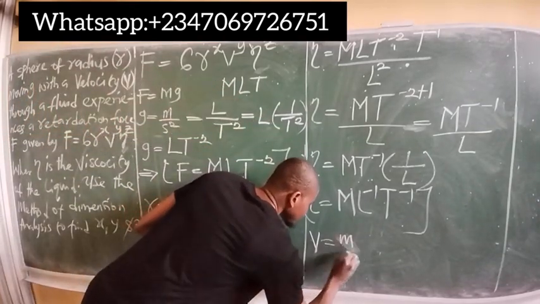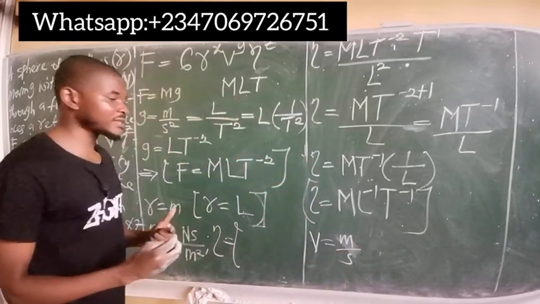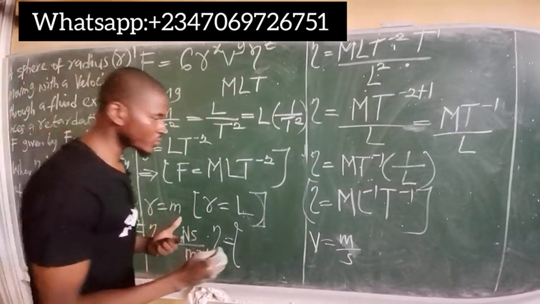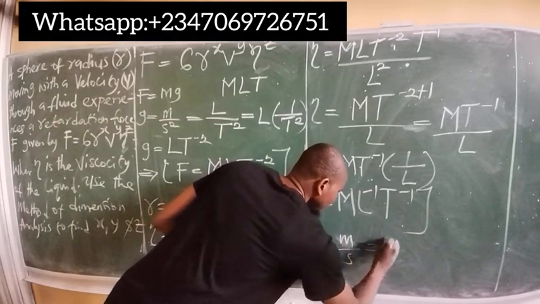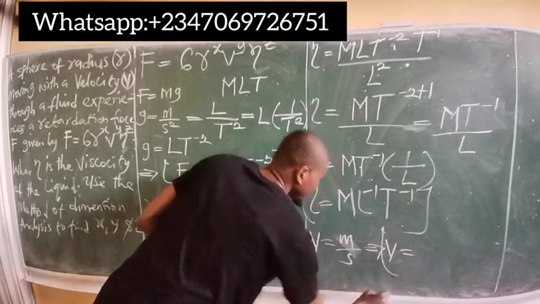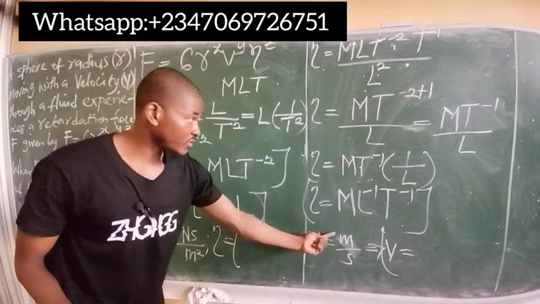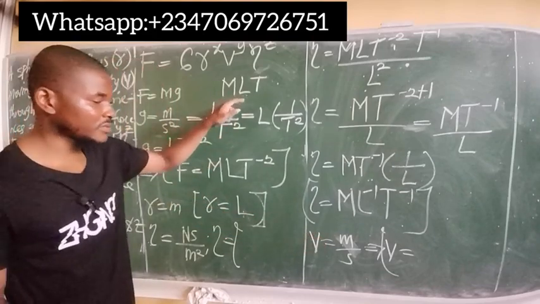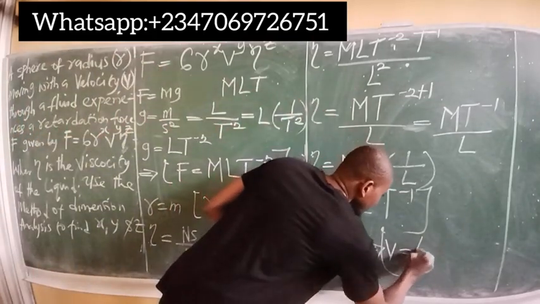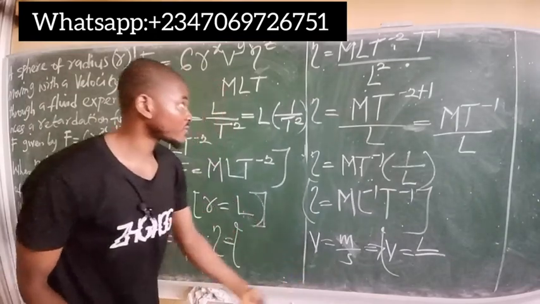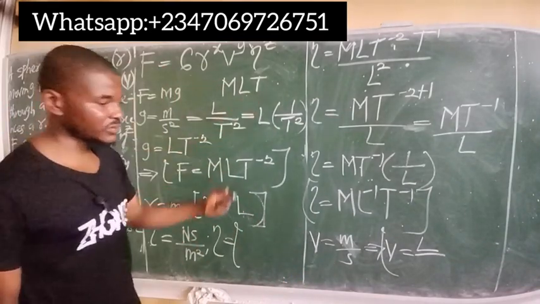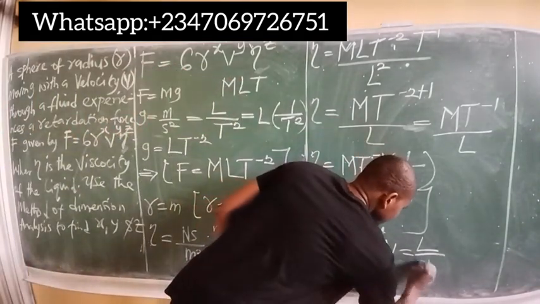So velocity is simply what? Meter per seconds. That's the unit of velocity. Okay. So this actually implies that velocity itself is now, in terms of dimension, meters is unit of length, which is simply what? Capital L. So we simply have capital L all over seconds is unit of time, which is capital T in terms of dimension, all over capital T.